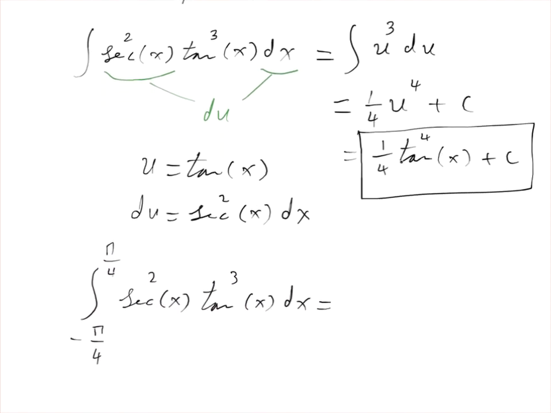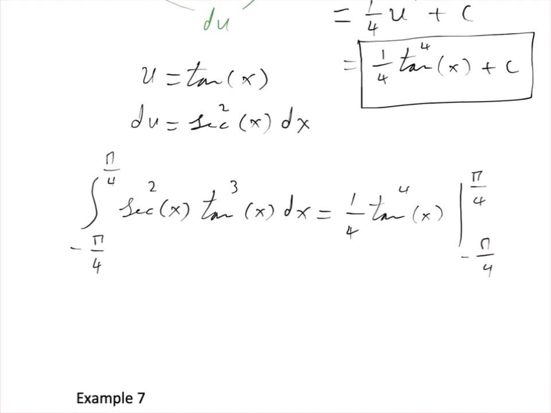Now that we have the antiderivative, we don't need to use a c. So this would be the function 1/4 tangent to the 4th x evaluated at the endpoints, and you subtract. The next step is to plug in pi over 4 and minus pi over 4.